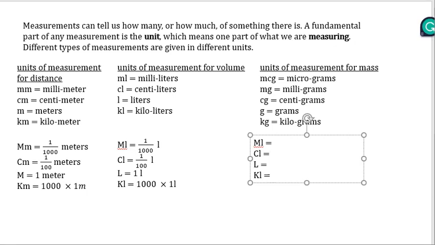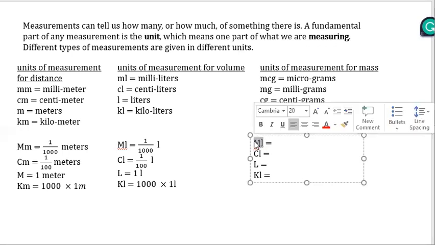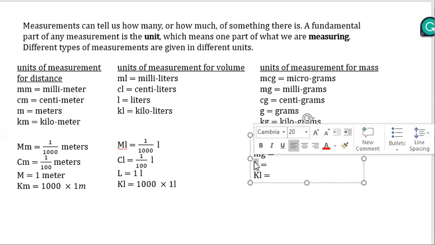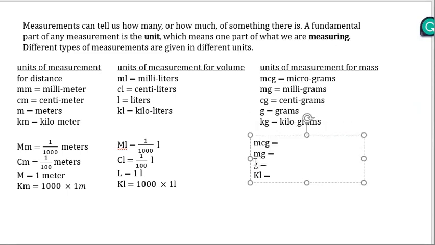It's supposed to be MCG, MG, CG, G, and KG. Correct. With a smart class like this, they'll keep me on my toes. Yes, I have to come prepared every single class, else I look dummy.